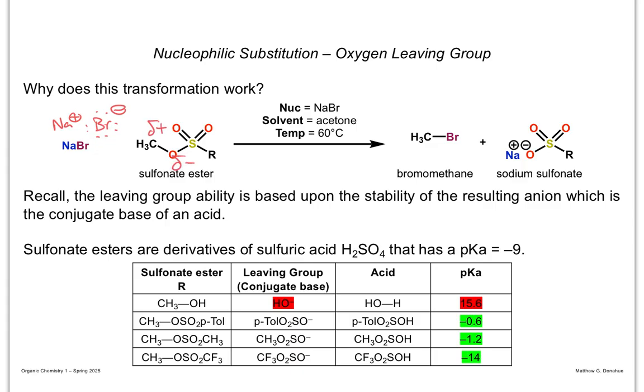We have that polarity difference of the electrophile between carbon and oxygen. So the nucleophile can attack the carbon. We can now break the CO bond. That does the substitution to generate bromomethane, but then look at the byproduct.